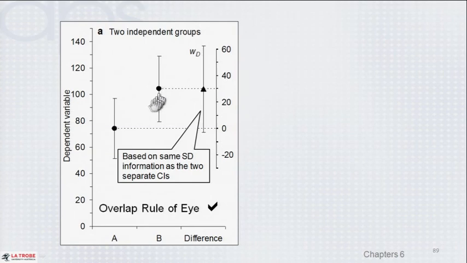I can eyeball the difference here, imagine a confidence interval 1.4 times this long on that, and so in my mind's eye, I do this. It also means that it's relevant to note whether these 2 overlap when we've got independent groups, because the length of this interval is related to the length of these, and I interpret this confidence interval against this floating difference axis. Equivalently, I look and see whether these overlap.